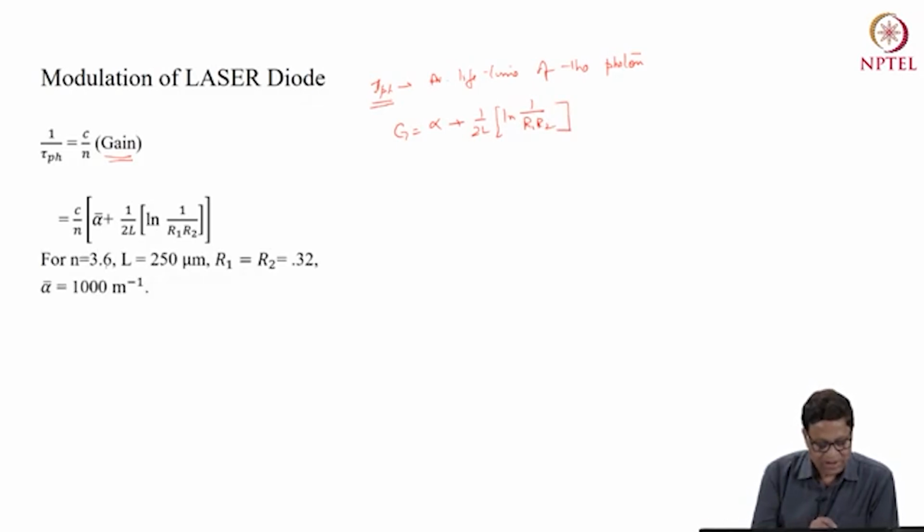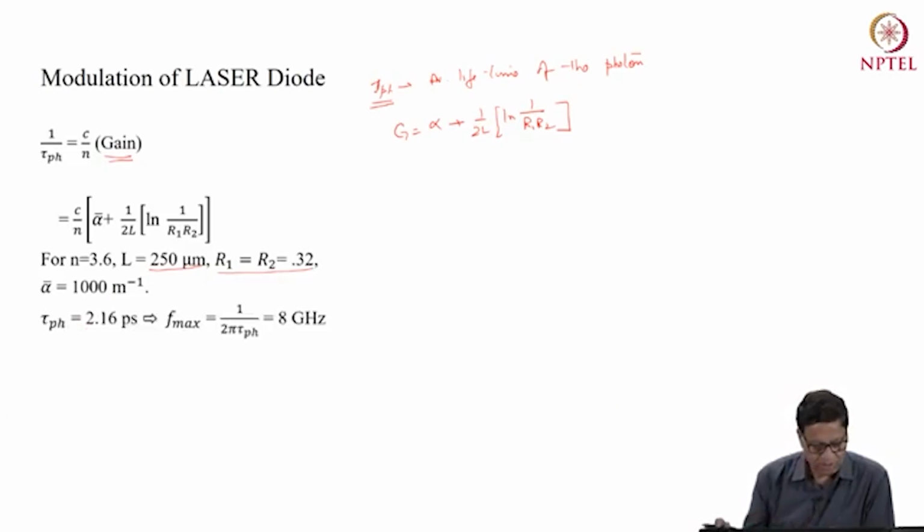So for n equal to 3.6 for gallium arsenide, suppose I take cavity length as 250 nanometer, typical reflectivity as 0.32, and the attenuation or the loss part as 1000 per meter, plugging in these values will give me τph as 2.1 picosecond.